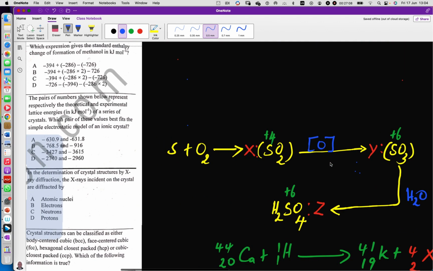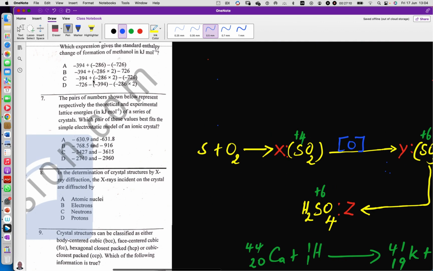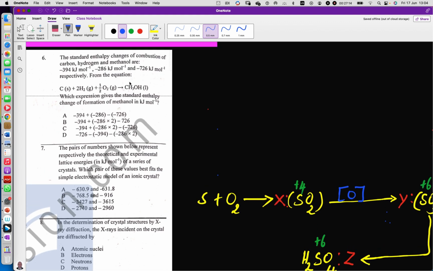That's good. If you look rightly, our answer for question number 6 is C.